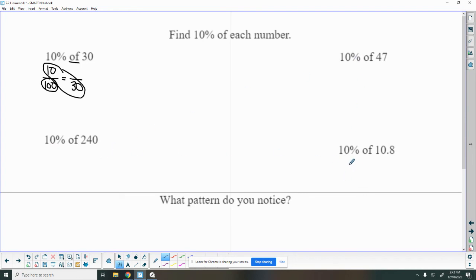I'll let you try these other ones. So 10%, always over 100, of goes on the bottom because that's the total. 10% of this total, 10.8. So we'll do 10 times 10.8, divide by 100, and see what goes here. Then I want you to see what patterns you notice when you came up with these 4 answers.